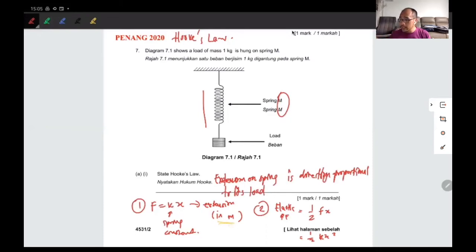That is Hooke's law, except that in Hooke's law there is actually a condition. Let me look for this one, just to make sure that I don't get the words wrong.